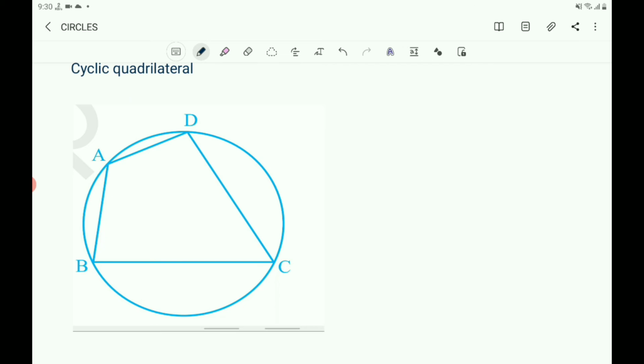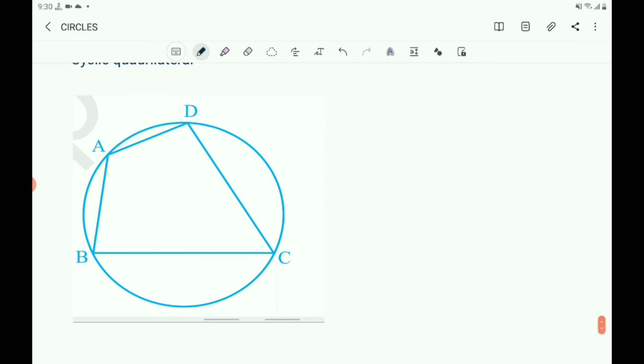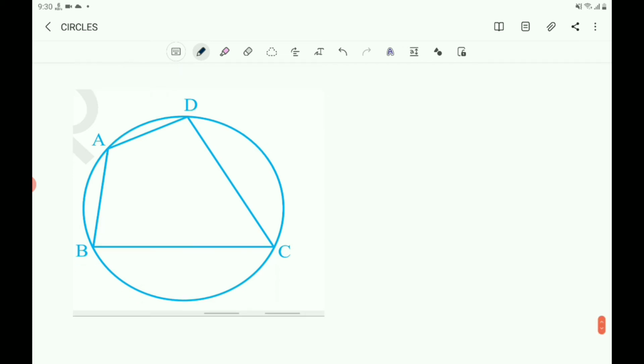A quadrilateral whose all 4 vertices lie on a circle is called cyclic quadrilateral. See the figure here. ABCD is a quadrilateral. All the 4 vertices of this quadrilateral ABCD lie on the circle. So it is called cyclic quadrilateral.